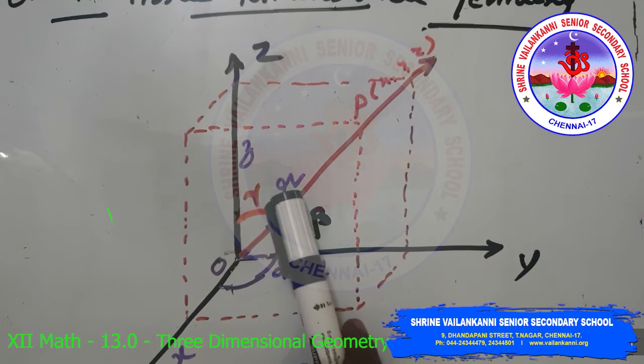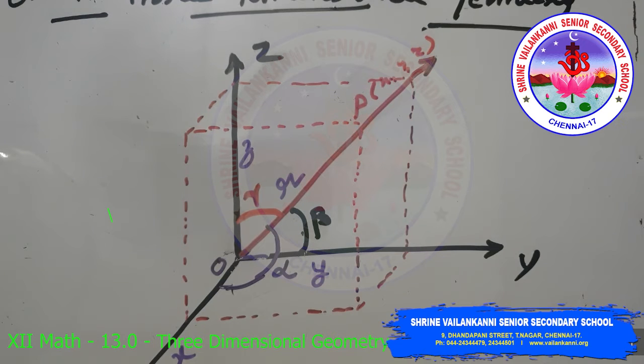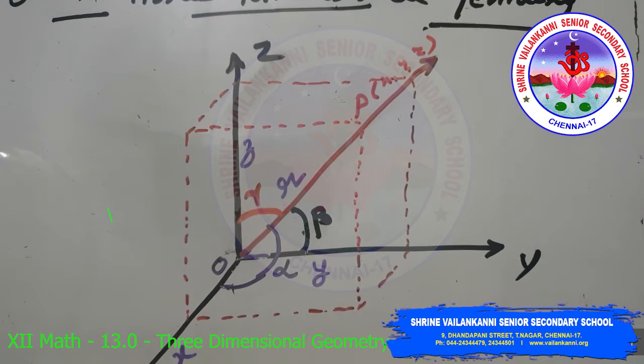So OP is equal to r. The position vectors of points A, B, C, etc. with respect to the origin are denoted by a, b, c, etc. If a directed line passing through the origin makes angles alpha, beta and gamma with the x, y and z axes respectively, these are called the direction angles.